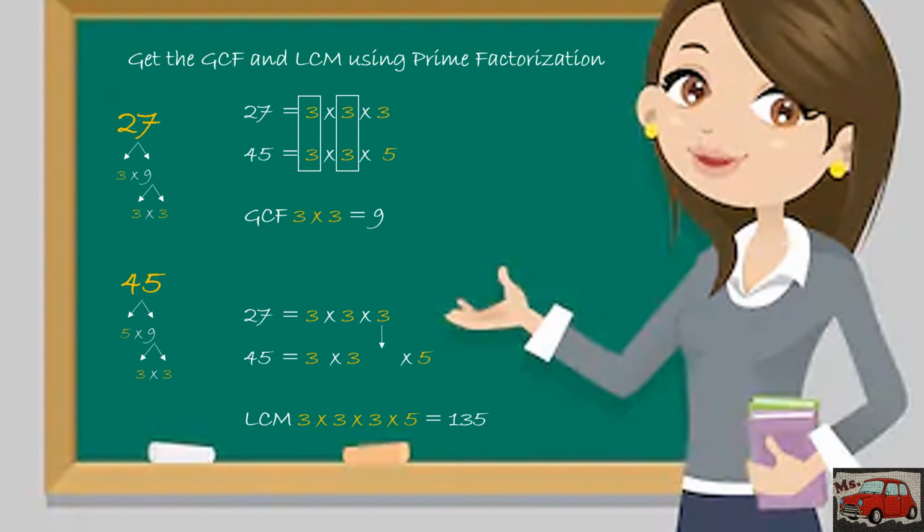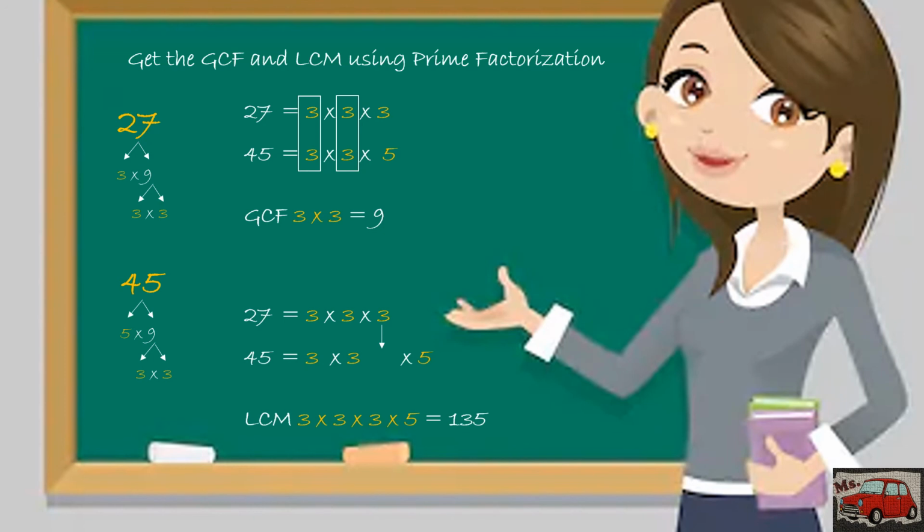Another example. So, I have here 27 and 45. Kunin natin yung GCF at LCM nila using prime factorization. So, when we check their prime factors, 27 has 3 times 3 times 3, and then 45 has 3 times 3 times 5. Okay? And then ipagtapat mo lang ulit yung parehas na meron sila.